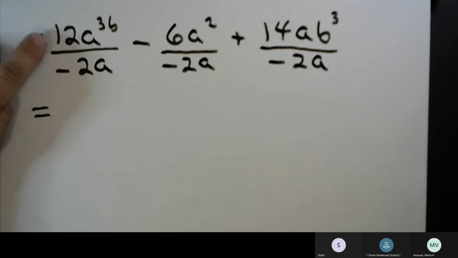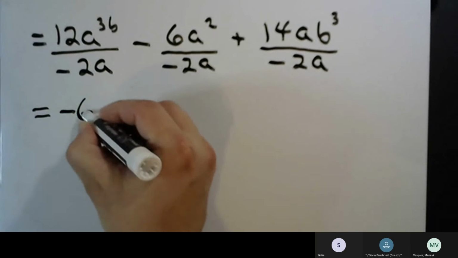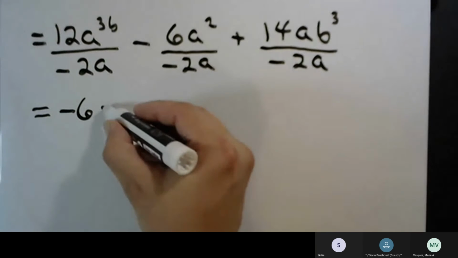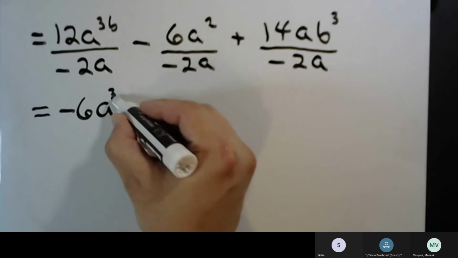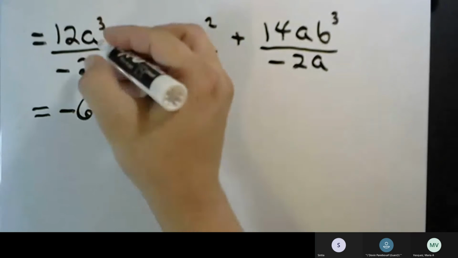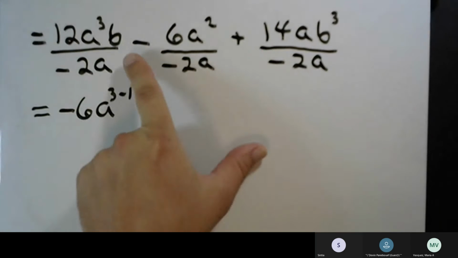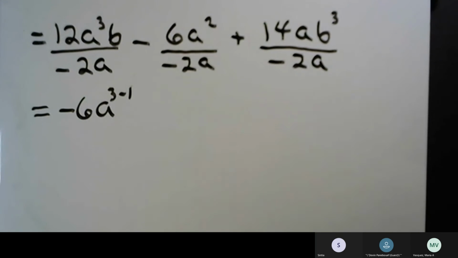So we could treat this as 12 divided by negative 2, negative 6. Then we have a to the 3 minus 1. And there's nothing, oh, I'm sorry, this b is not an exponent. It's just going to be b. So that's just a plain b.